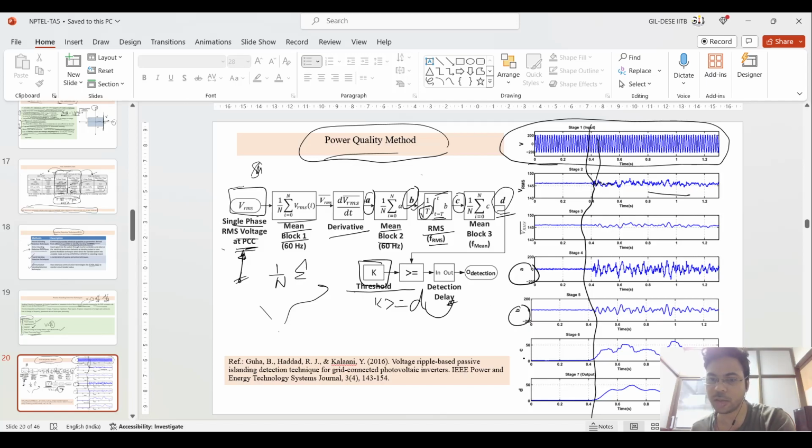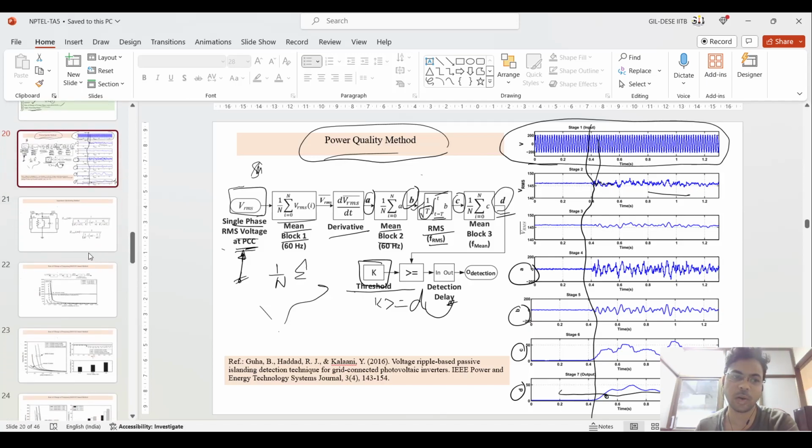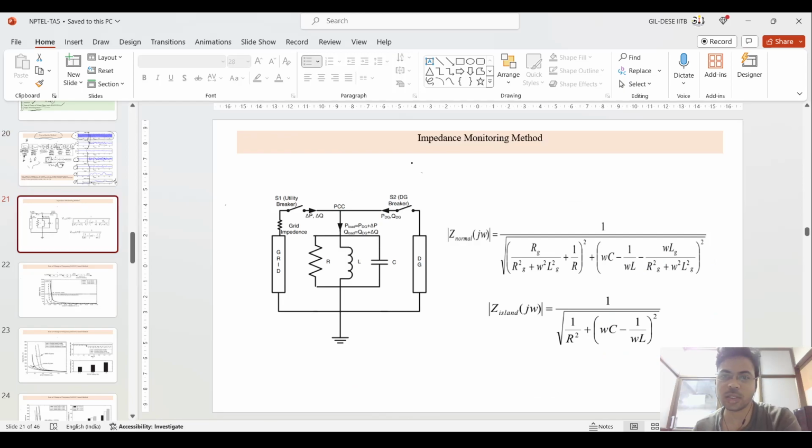So you take this mean, then you define this factor A, then you take the graph and define the B mean value, then C, then D. Then D also has a certain limit. Suppose this is the D threshold. Then if this value goes above this D threshold, it is detected as an islanding situation.